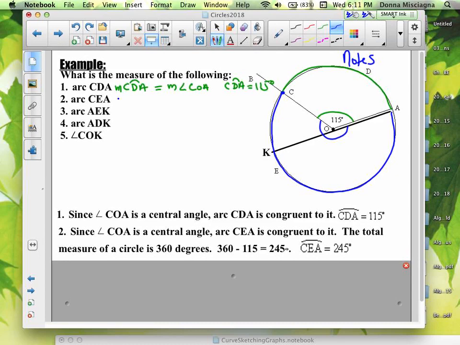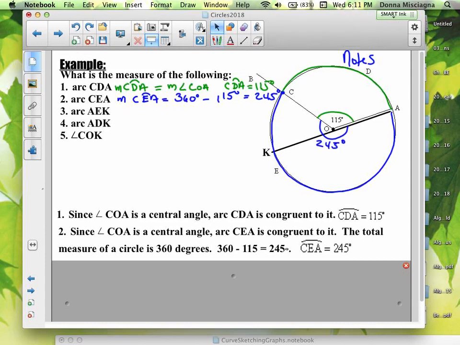So the measure of arc CEA is equal to 360 degrees minus arc CDA, which is 115 degrees. So that's going to give us 245 degrees. Right? And maybe in your circle, put 245 degrees there, because that angle is also 245 degrees.